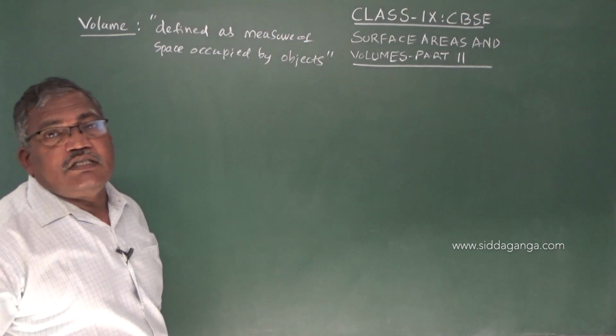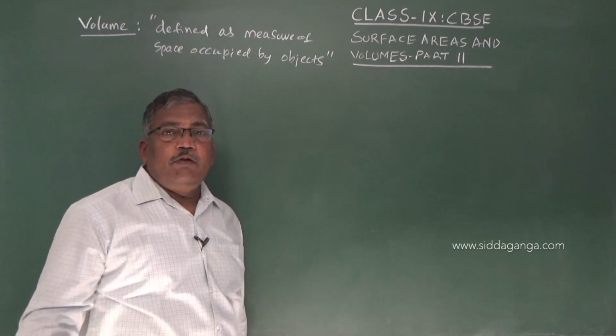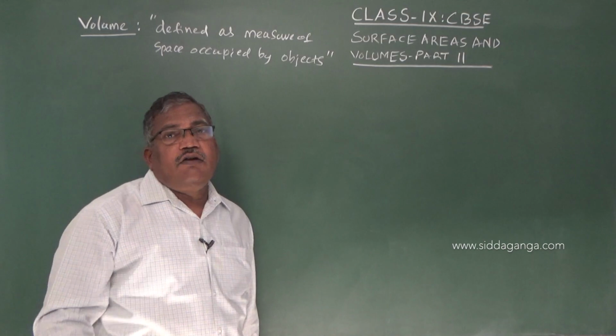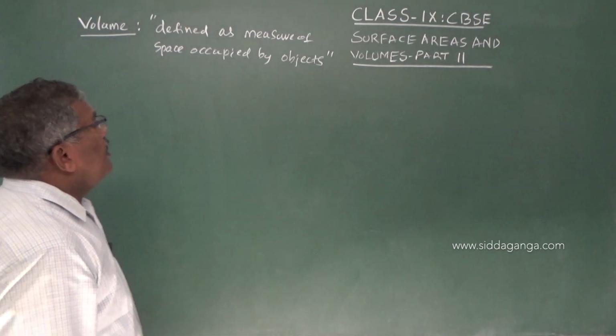So the object means it may be a cuboid, it may be a bowl, it may be a sphere, it may be a right circular cylinder, likewise.